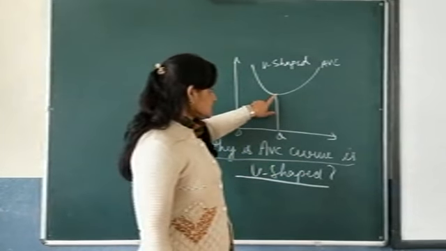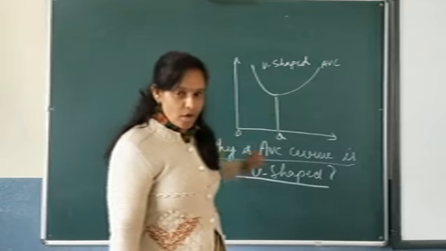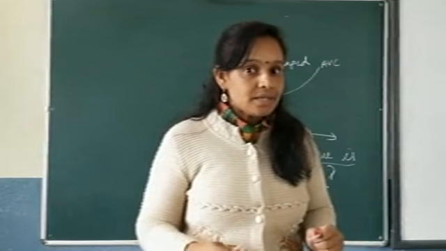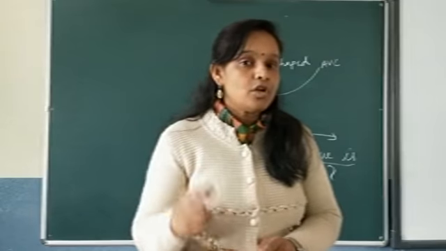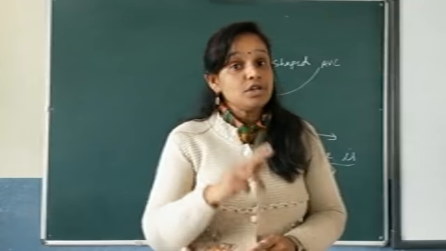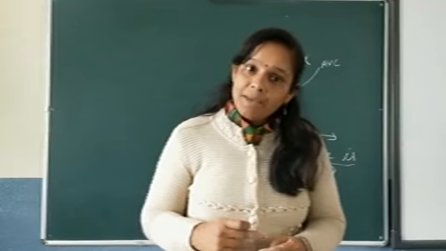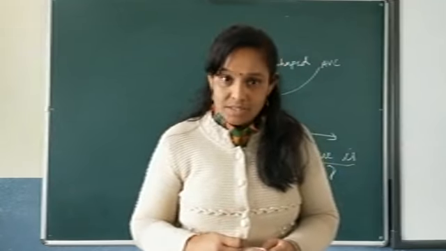Now, average variable cost reached to the minimum point, and then it starts increasing. Why it starts increasing? Due to the application of the third stage of the law of variable proportion. What is the third stage of the law of variable proportion? Negative return to variable factor. यहाँ पे क्या होता है? Problem of management, mismanagement.